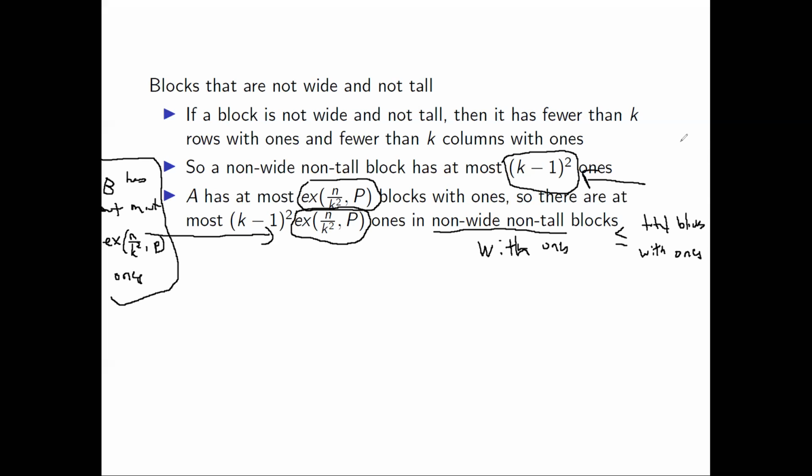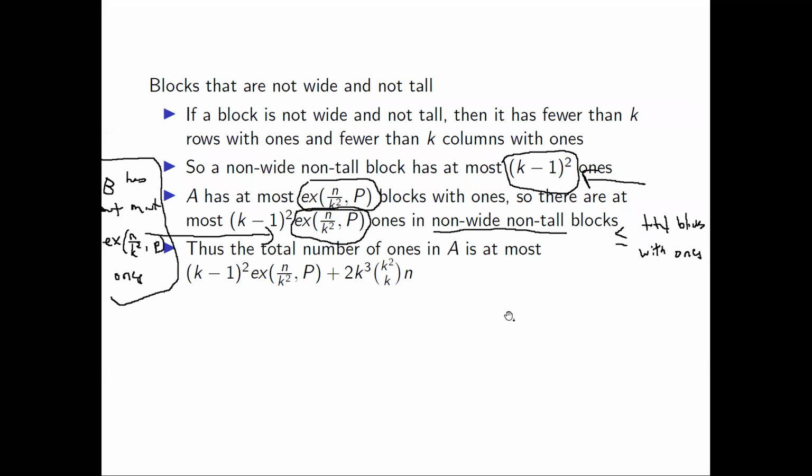So now we have a bound on the number of ones that are in tall blocks, the number of ones that are in wide blocks, and the number of ones that are in non-wide and non-tall blocks. And we can just add them all together now. When we add these together, it gives the total number of ones in A, and we get this upper bound.